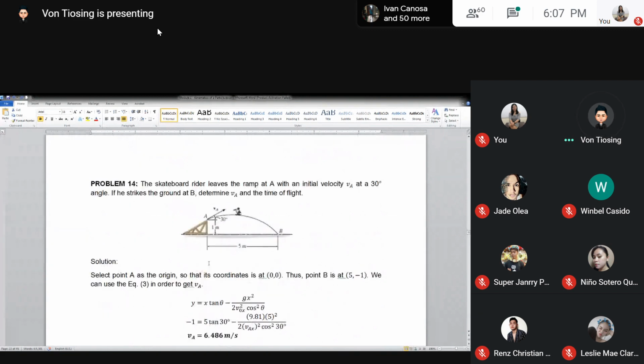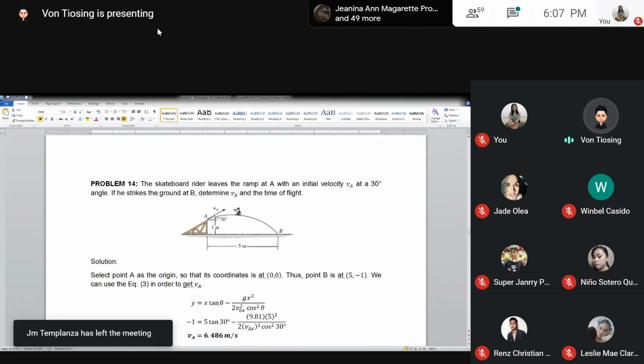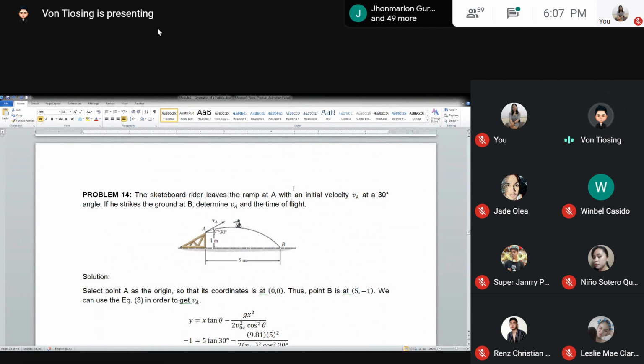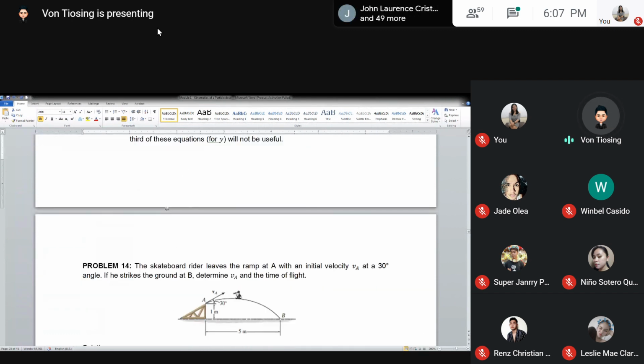So, ano yung gagawin natin dito? Okay, let's go to problem number 14. The skateboard rider leaves the ramp A with an initial velocity v_A at 30-degree angle. If he strikes the ground at B, determine v_A and the time of flight. Okay, so ano yung best na gawin dito?